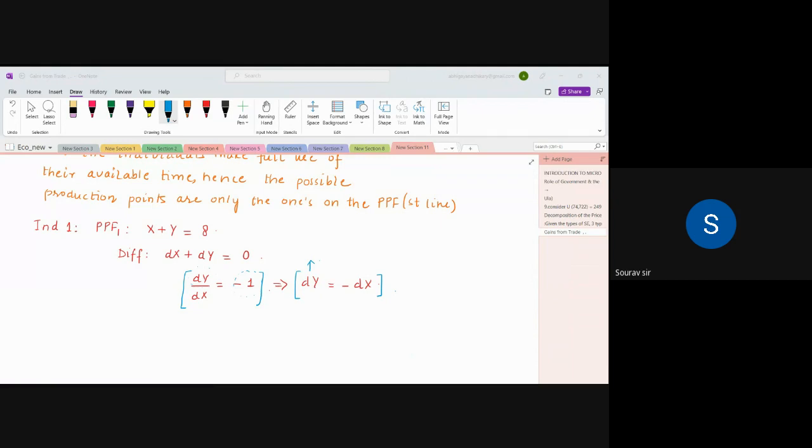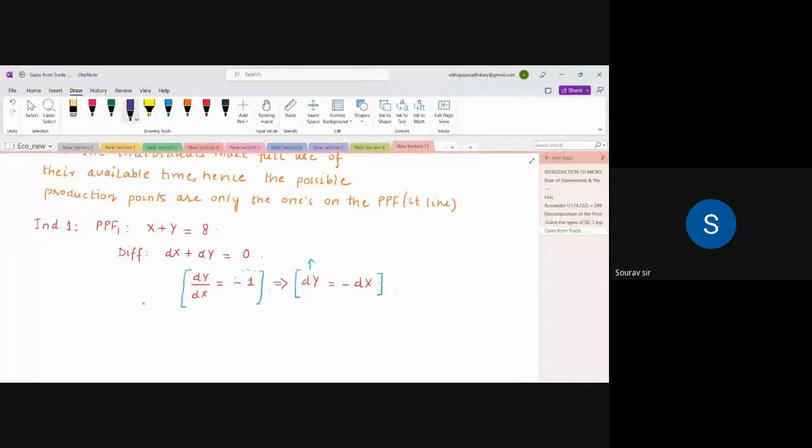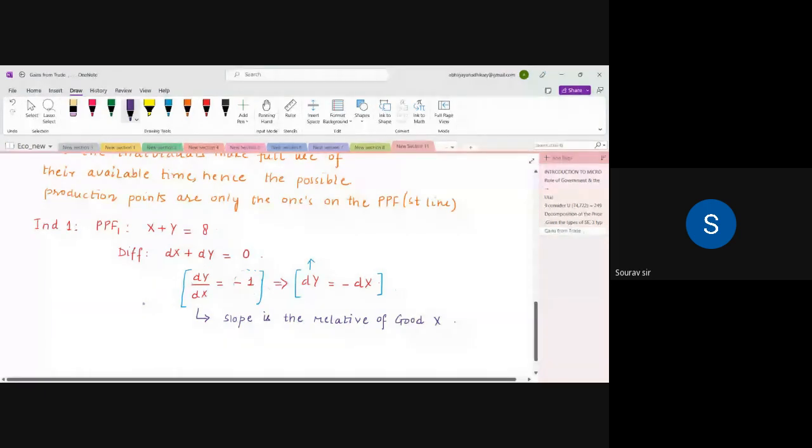Okay, got it. So this is nothing but, so the slope is the relative price of X. Okay, and let me just write down the interpretation once more over here.